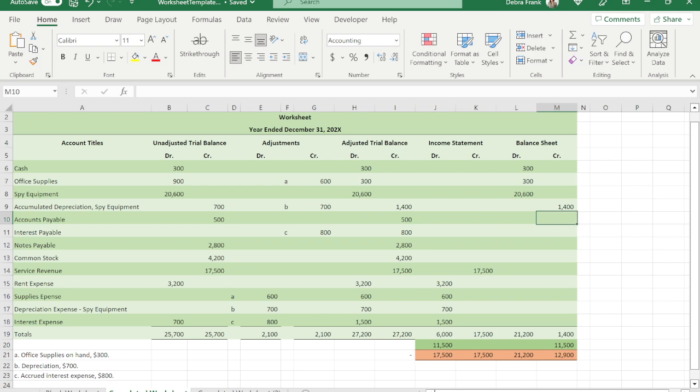Think contrasting, so opposite of the normal asset balance of debit, that accumulated depreciation is a credit. 500, okay. 800, 2,800, and common stock, and we're done. I see a lot of students will keep going. Don't get carried away. This service revenue is part of our income statement. We already recorded it. We only record our balance sheet ones.